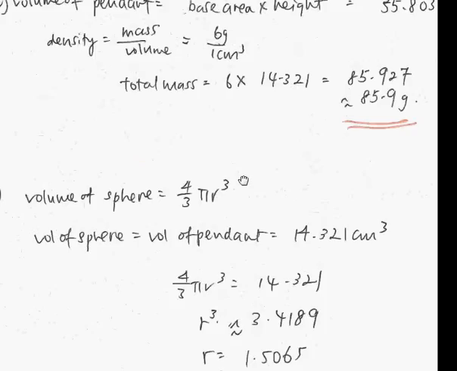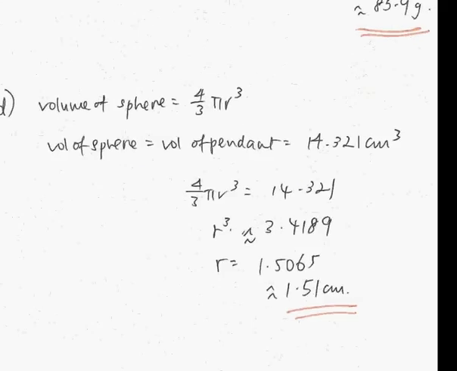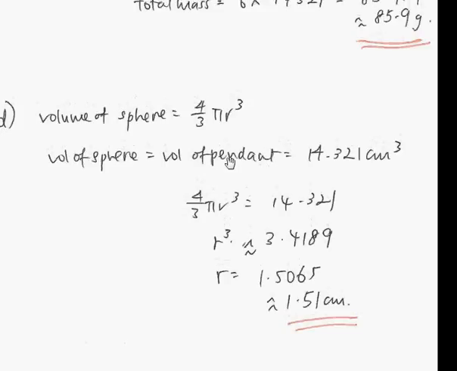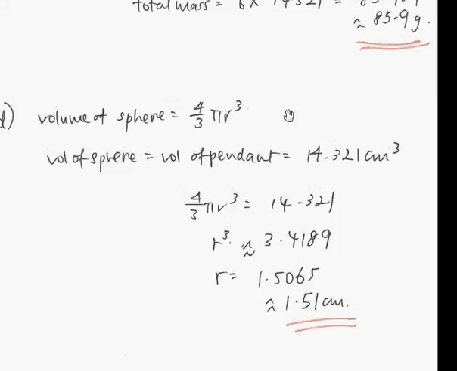For part 4, it's given that the pendant is melted to form a sphere. The volume of a sphere is 4 over 3 pi r cube. Since it's melted to form a sphere, the total volume of the sphere equals the total volume of the pendant, since there's no change in the volume.